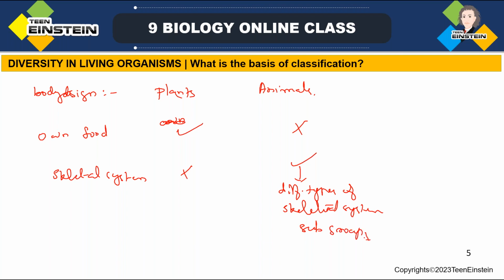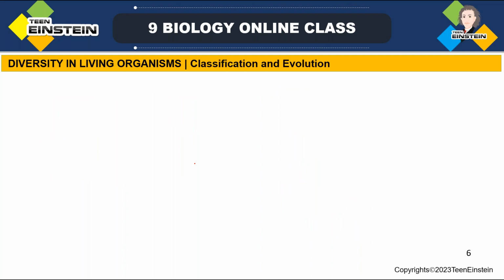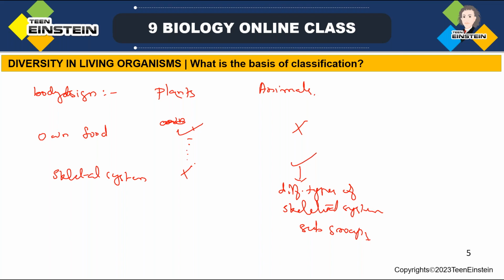And plants are synthesizing food, and based on their mode of synthesis you can make different groups or subgroups among plants. So like that major groups and subgroups are forming. Okay, so these are the main criteria, or the basis, for classification.